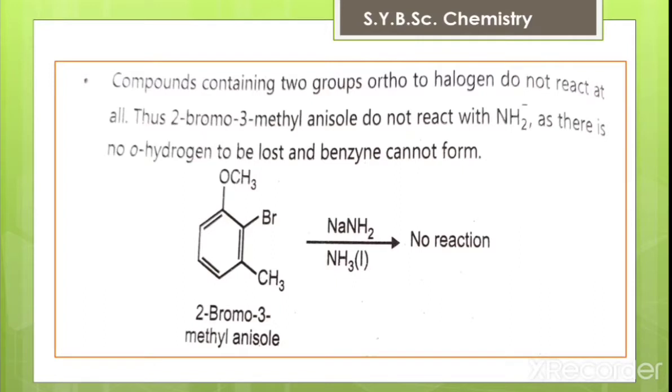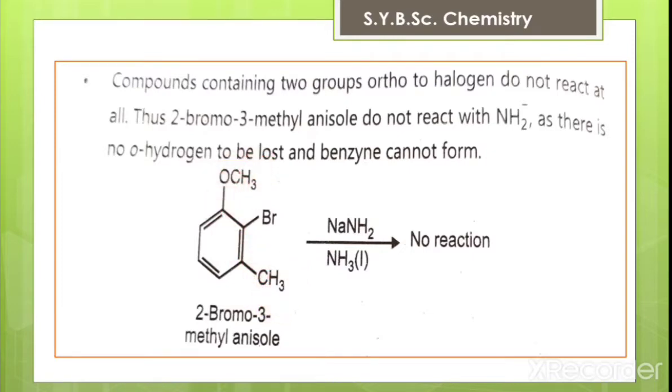Then next, compounds containing two groups ortho to the halogen do not react at all. This is the structure of 2-bromo-3-methylanisole. It does not react with NH2 minus as there is no ortho hydrogen. When we see the structure of this 2-bromo-3-methylanisole, adjacent to this bromine, these two positions are blocked by the presence of two groups, that is, the OCH3 group and the CH3 group.